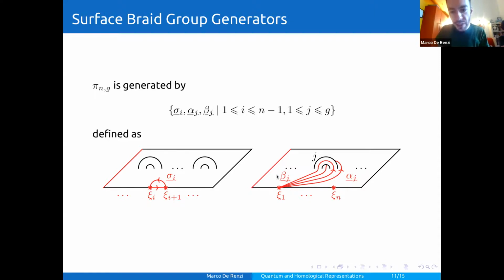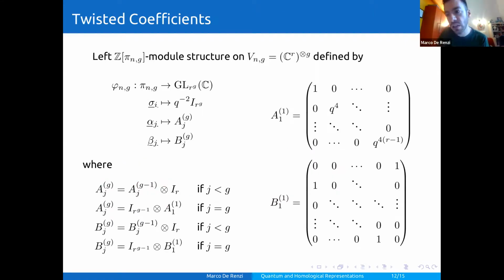And then the alpha j's and beta j's are those generators that keep all base points fixed except for the very first one, which moves along the surface following standard generators for the fundamental group of the surface. Okay, and I claim that these provide generators for the surface braid groups. Very good.